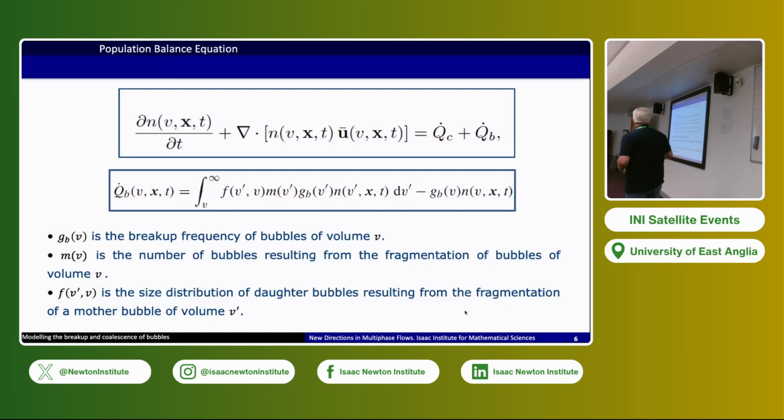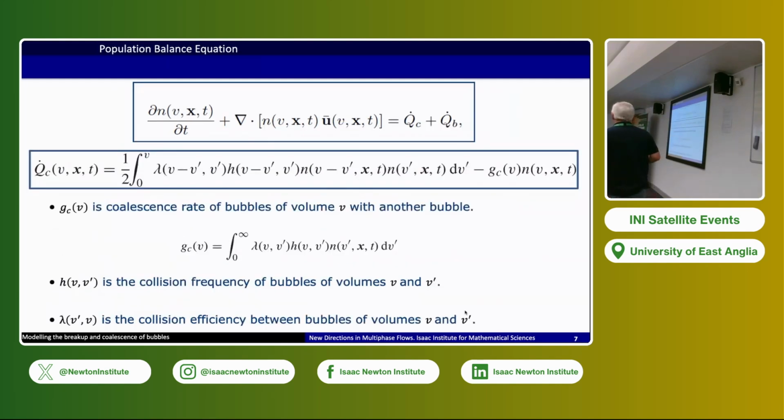This is why we have here M, which is the number of bubbles that are formed when a bubble breaks. F is the daughter bubbles probability density function, and g is the breakup frequency. So we need models also for the breakup frequency, this number of bubbles, and the daughter bubble size distribution.